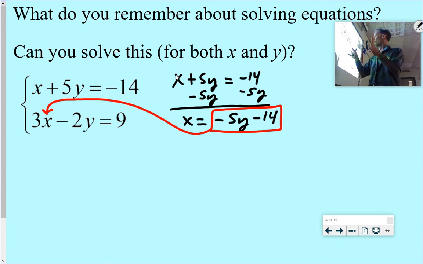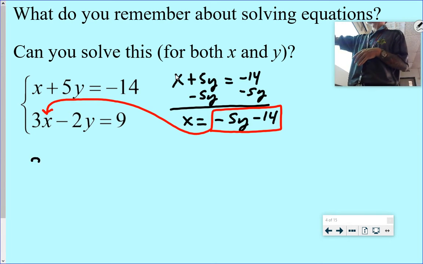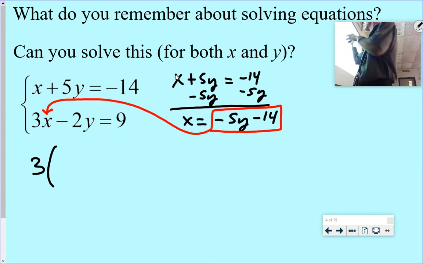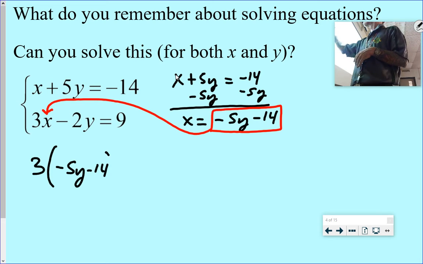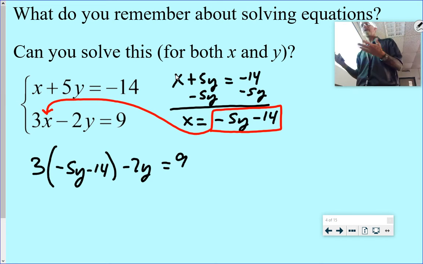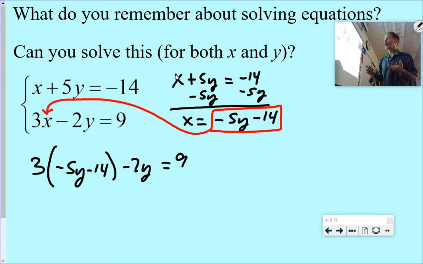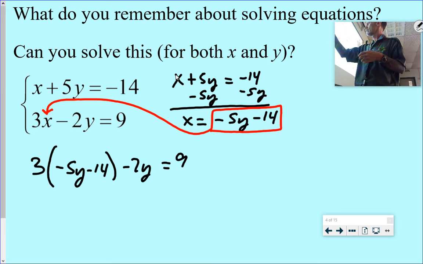If I plug that whole thing in, remember, always use parentheses. It's going to be 3 times parentheses, negative 5y minus 14, minus 2y, equals 9. Now, in algebra mode, we're going to solve this for y. First, we have to distribute. I'm going to take 3 times that and 3 times that.